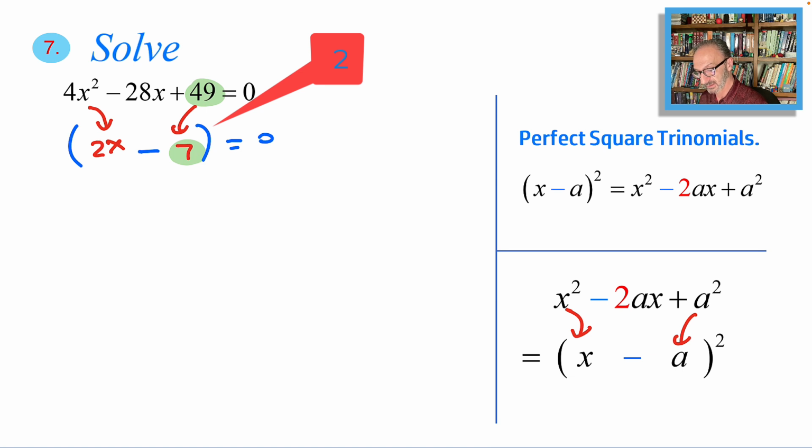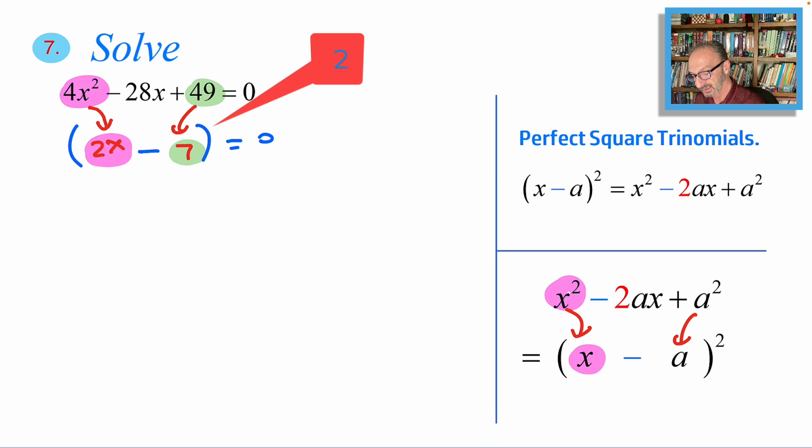So whatever you have here, you square it up there, going backwards. So 2x times 2x will give me 4x squared.